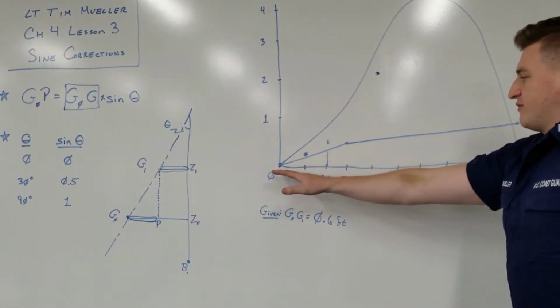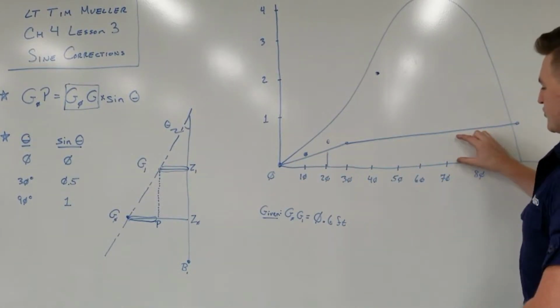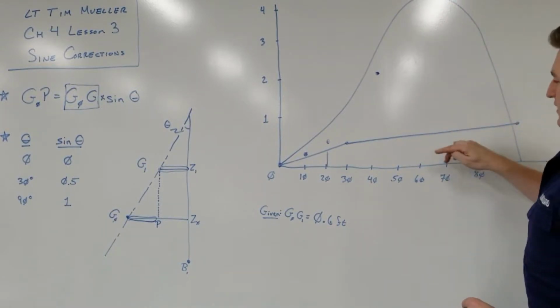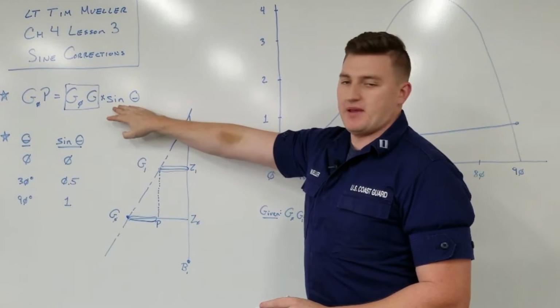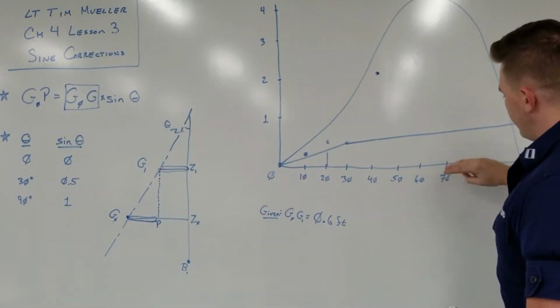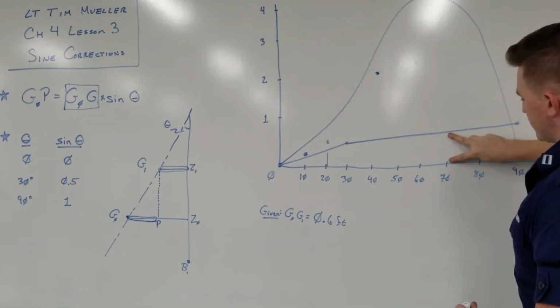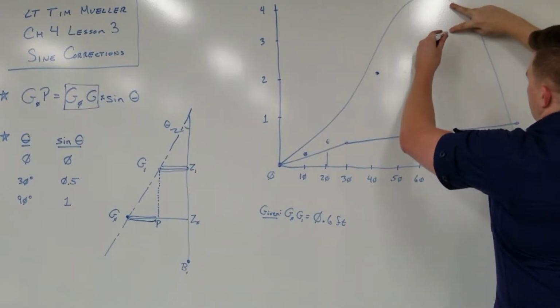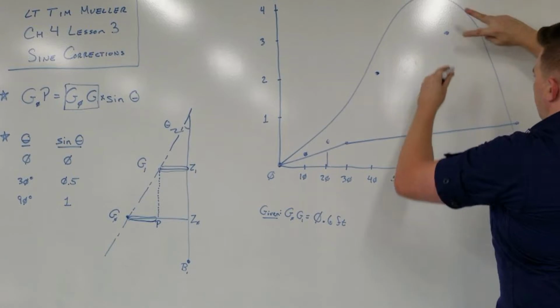As I progress from 0 to 90, I'm now subtracting more and more from my original curve, because that's just how sine of theta behaves. So if I go to 70, I have this much that I have to remove, take that all the way up here, and make a mark right around there.